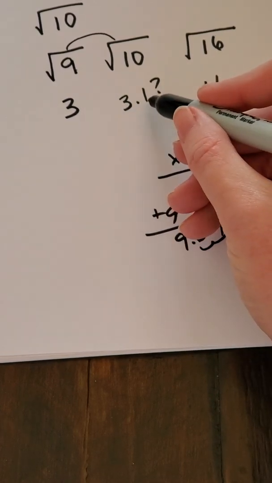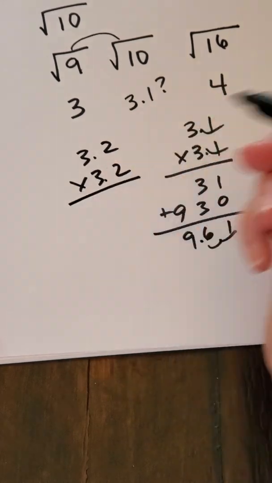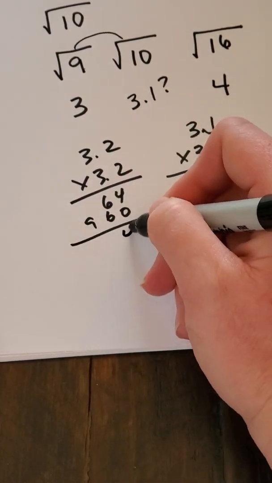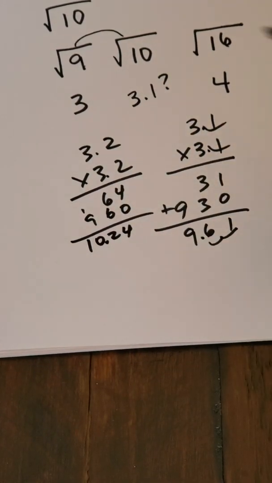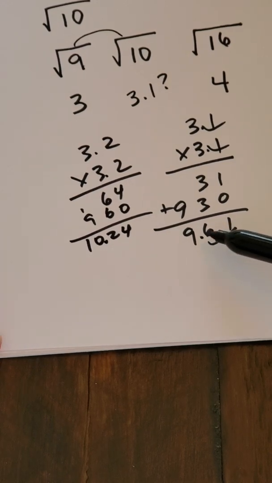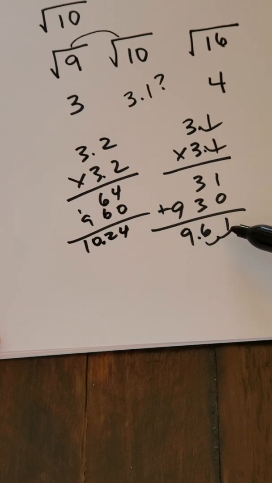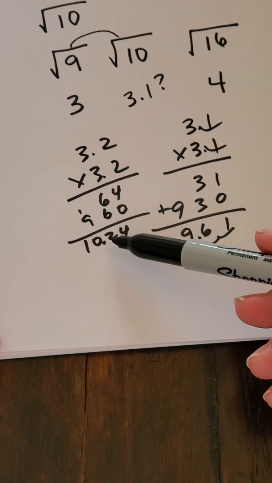Instead of 3.1, let's try 3.2. 3.2 times 3.2 is 10.24. Now that went over the 10. So which one is closer? This one is 0.39 away, and this one is 0.24 away.